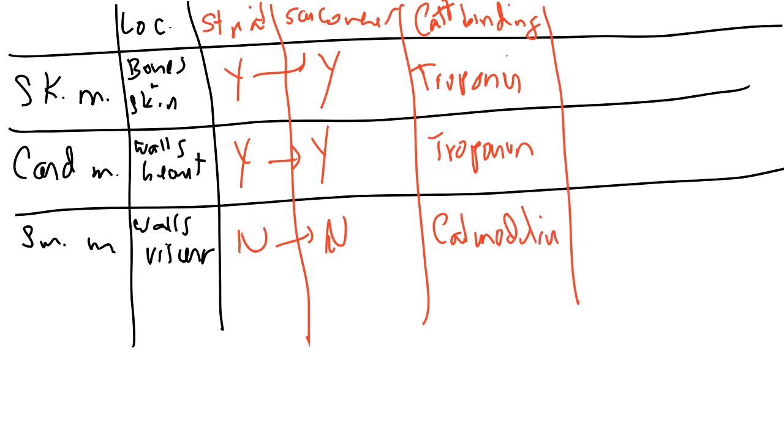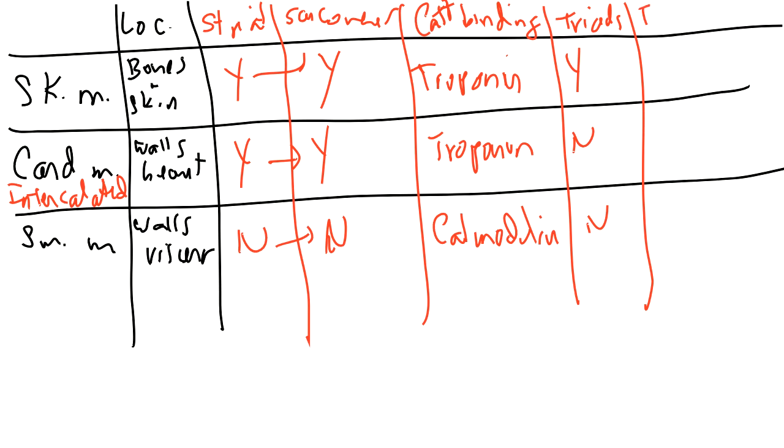Triads are found in skeletal muscle, and that's basically it. Cardiac muscle also had intercalated discs. That's unique. The fibers were branched in cardiac muscle, with one nucleus.